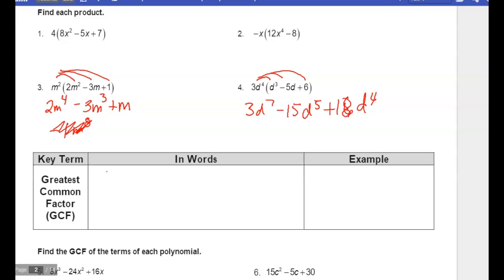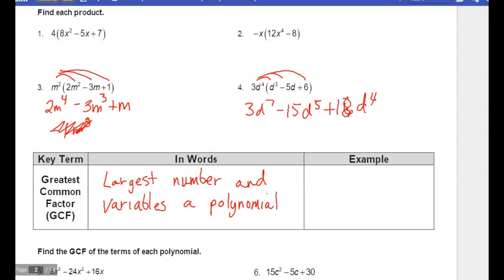So what we're going to do here with the greatest common factor, so the GCF is the largest number and variables. In this case, we're dealing with a polynomial.